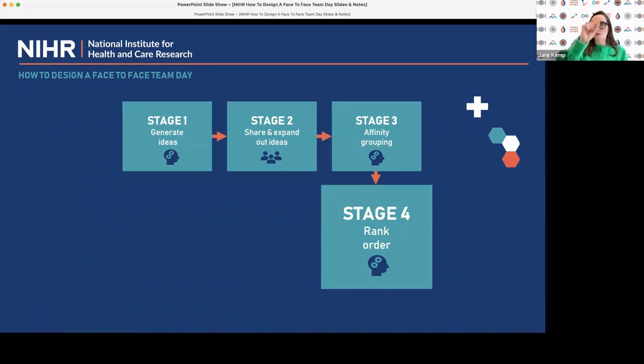That could be putting sticky notes on them, or you just choose, maybe we've got 20 ideas at this stage. Choose your top 5. And so each person gets to be heard, each person gets to rank their top 5 ideas, which allows us to whittle it down. In stage 3, we might have had more ideas. By stage 4, we'll be left with five.